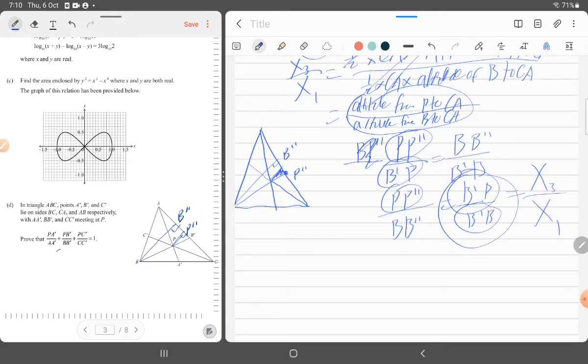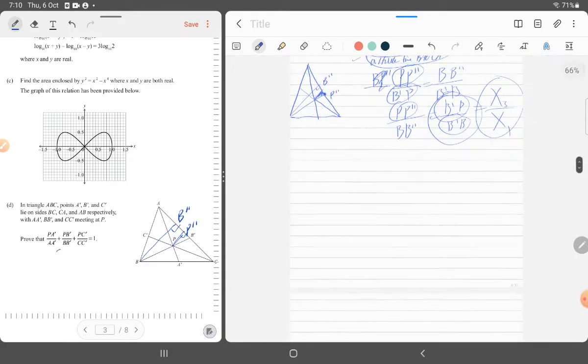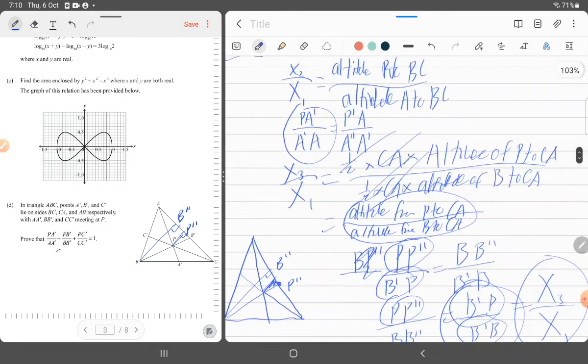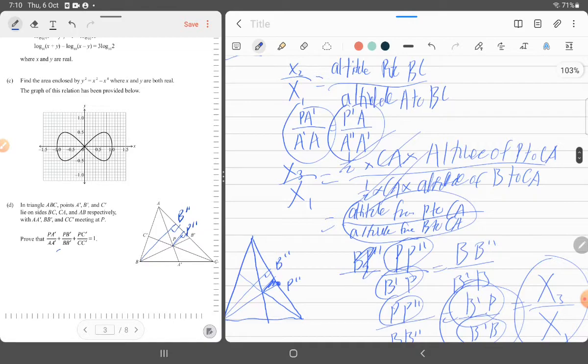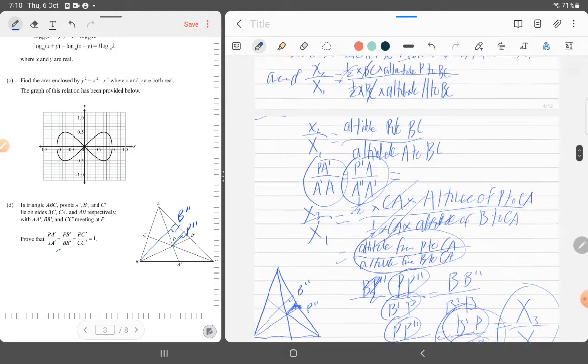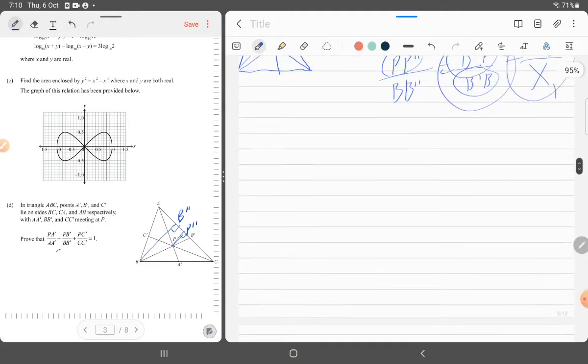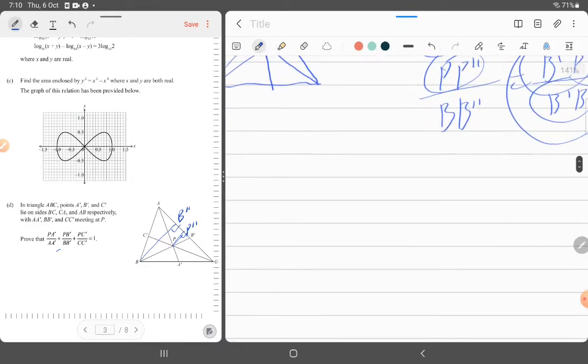So this is the area of this. Okay, so we do this again. Basically this is the area x2 over x1. We do this again.